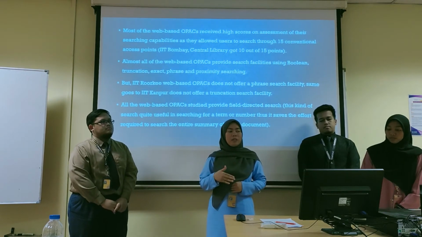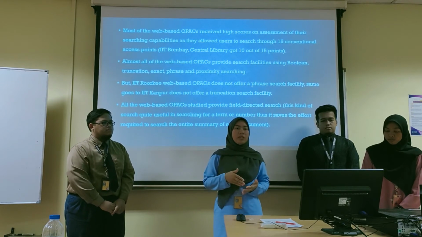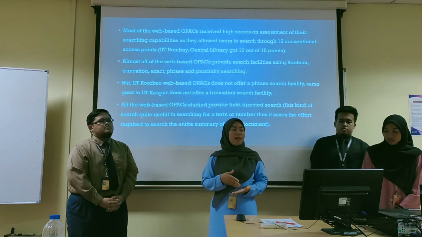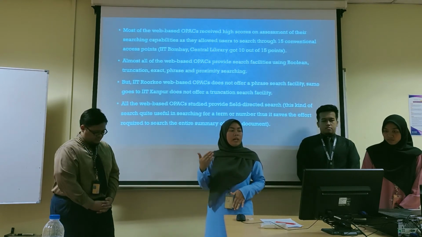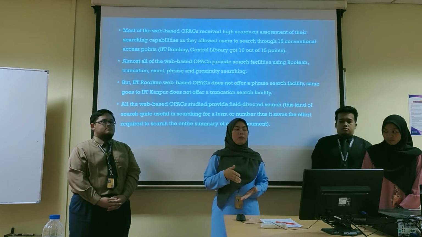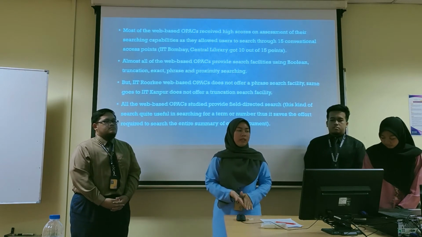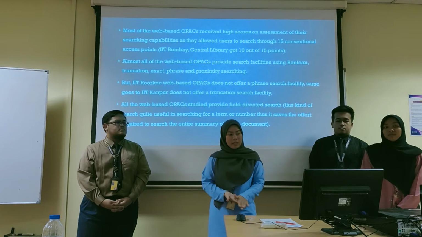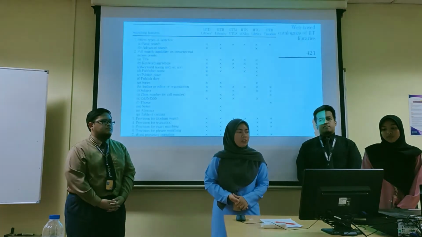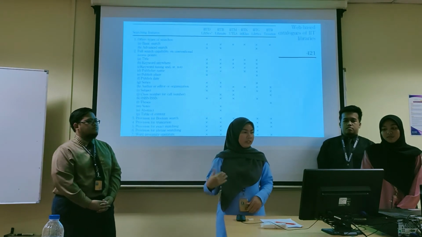And almost all of the web OPACs provide search facilities using Boolean, truncation, exact, phrase, and proximity searching. But IIT Roorkee's web-based OPAC does not offer the pre-search facility. The same goes for IIT Kanpur, which does not offer a truncation search facility. All the web OPACs studied provide field-directed search. So this is an example of the evaluation for the library.